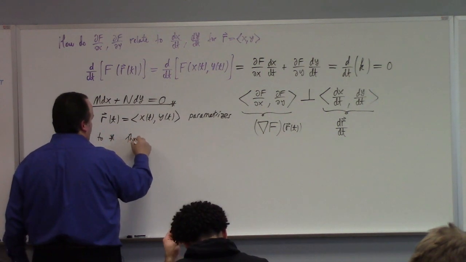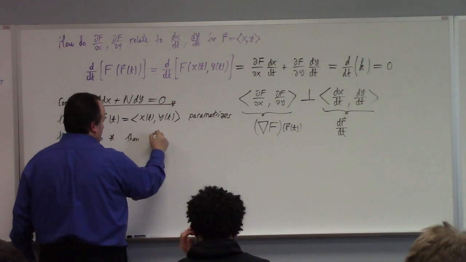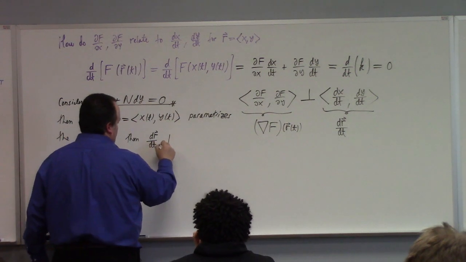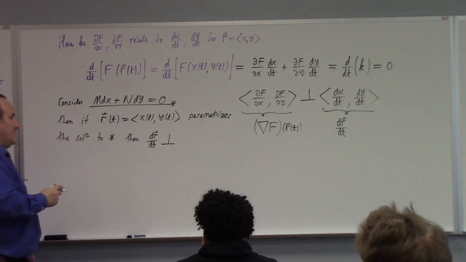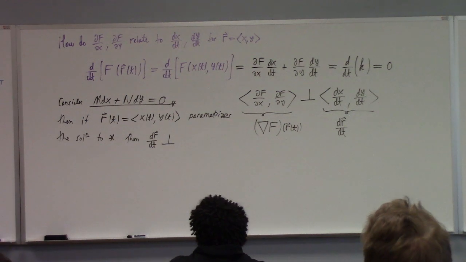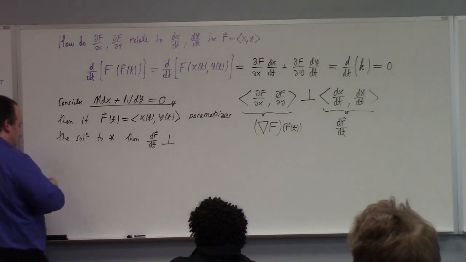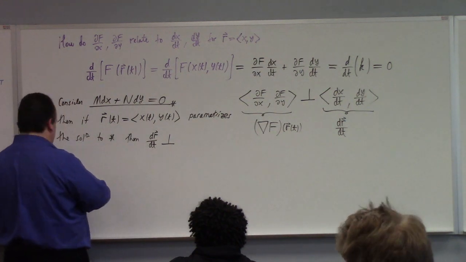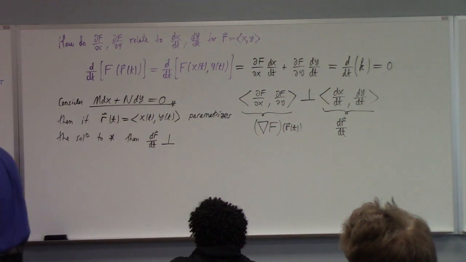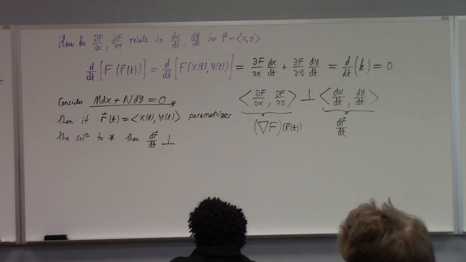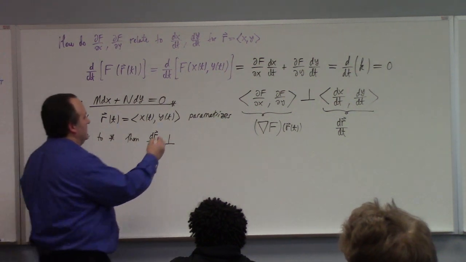then dr dt is perpendicular to what? What is the solution to the level equation? Remember what the solution is to an exact equation? I forgot to say, this is an exact equation. I said it in words, I didn't write it on the board, so I guess it doesn't count yet. Exact.